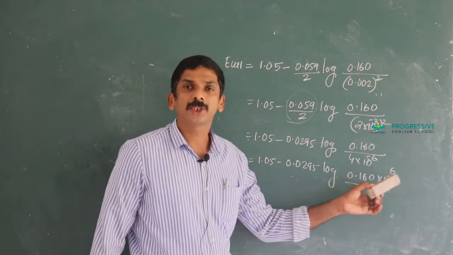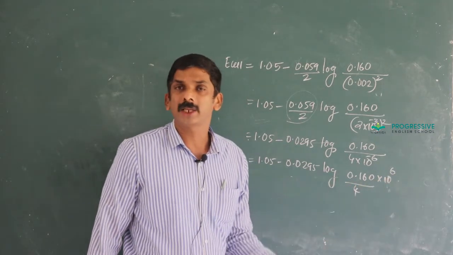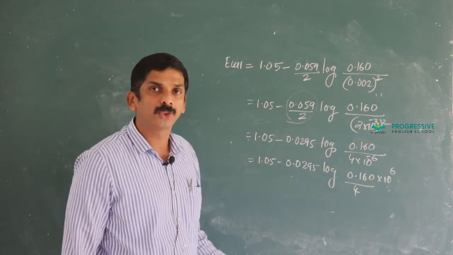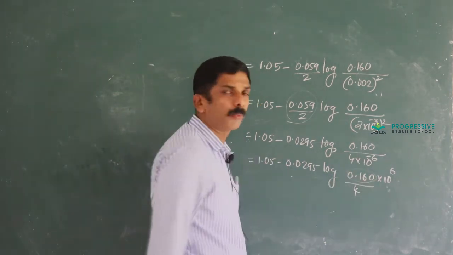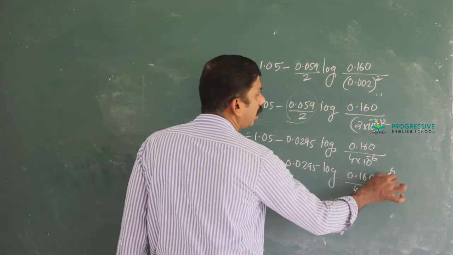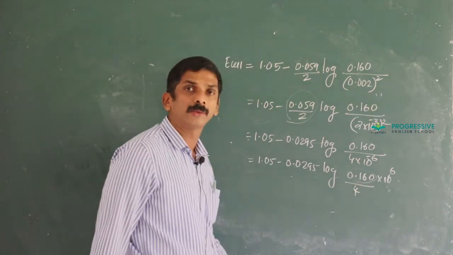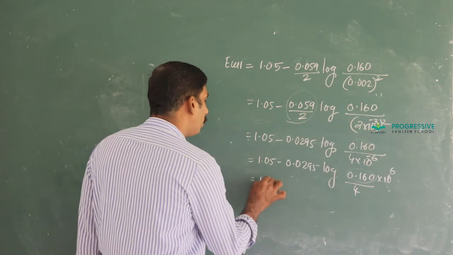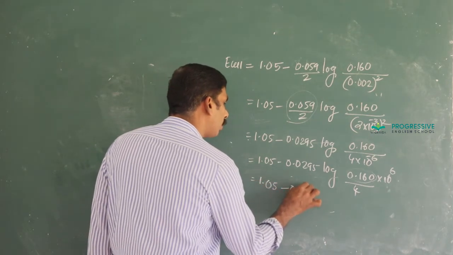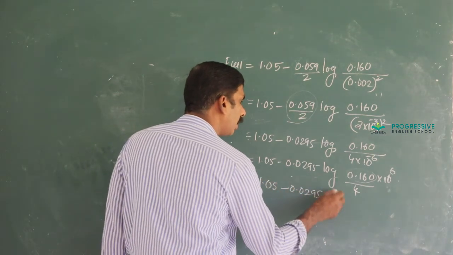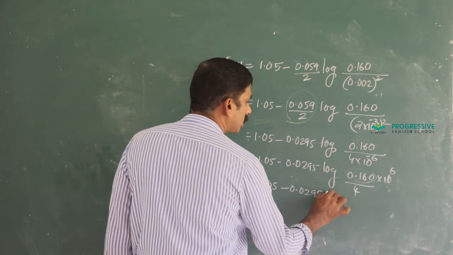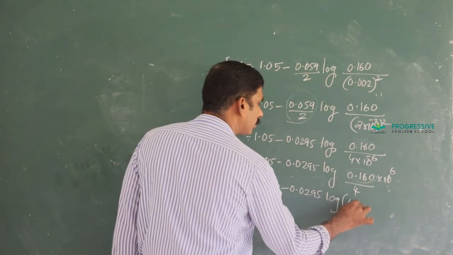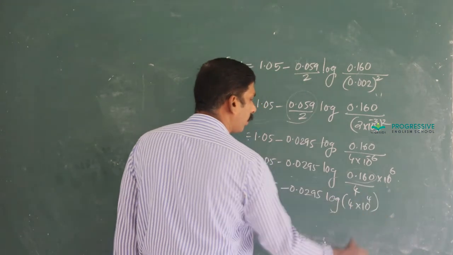This 10 raised to 6 means 10 raised to 2 into 10 raised to 4, and multiplying 10 raised to 2 with 0.16, the remaining power becomes 4. That is 1.05 minus 0.0295 log of 16 divided by 4, which is 4 into 10 raised to 4.